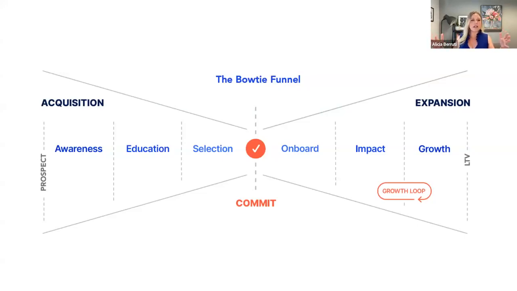Now, whether you are in mortgage or real estate or insurance or software sales, some of these points along the funnel, you may call it something different, but it still is essentially the same bow tie, right?